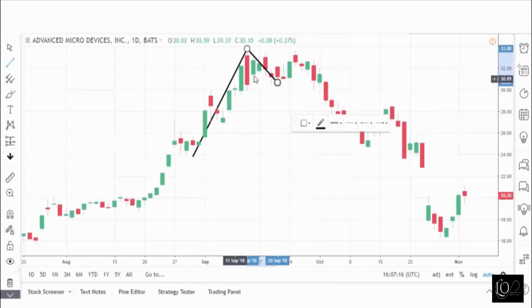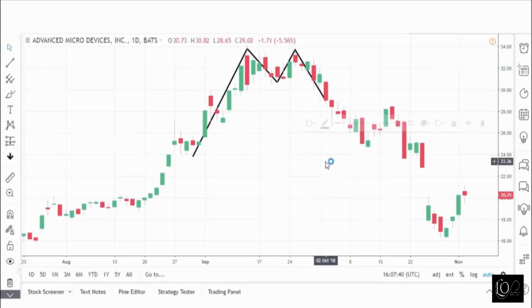And then another attempt to go through a resistance level, the high that has been set by the stock previously, and then a move down in the stock. As it breaks through this level right around 31, that's the point where we want to go short the stock. So you can see we have the M pattern.